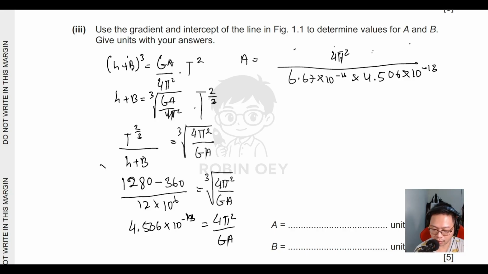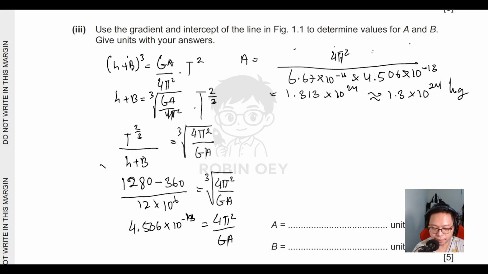This is how I get 1.313 times 10 to the power of 24, or equivalently 1.3 times 10 to the power of 24. So A, just now, would be the mass of the planet in kg.